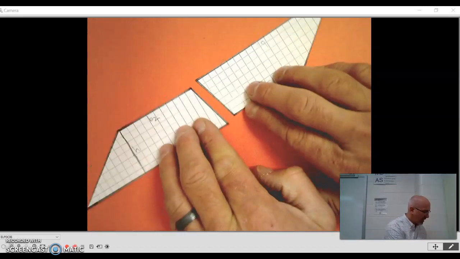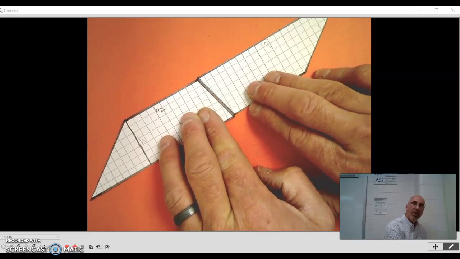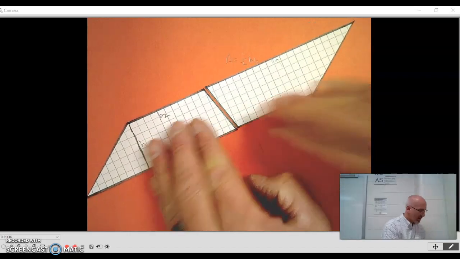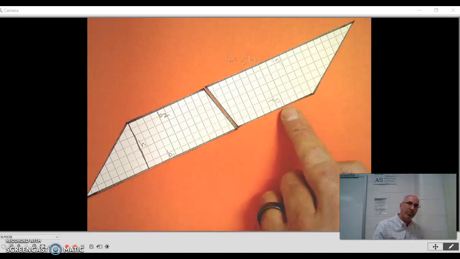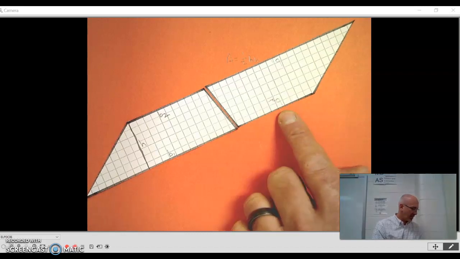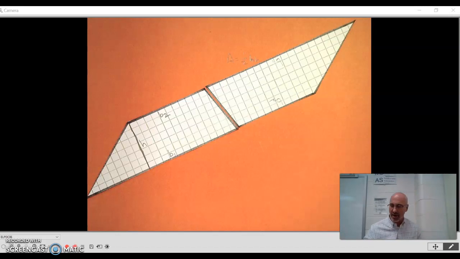When I put them together, you can see that the base of this is now B1 plus B2. So it looks like I have a nice parallelogram.